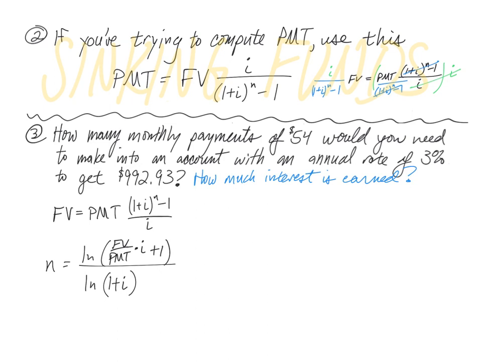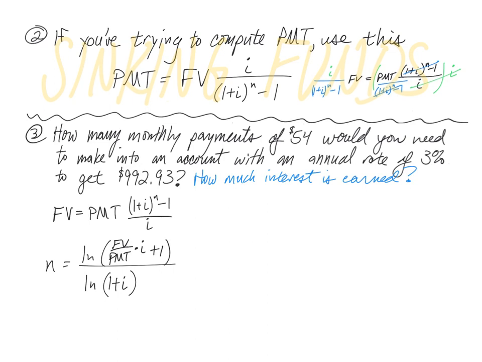In order to best answer this question, I just went ahead and solved for n. And you may recall from previous videos that since the variable we are solving for is in the exponent, we will have to use natural logs to get that variable out of the exponent. That being said, I went ahead and did all the math, and this is yet another formula that you can use to your advantage when you need to know how many payments for a future value.